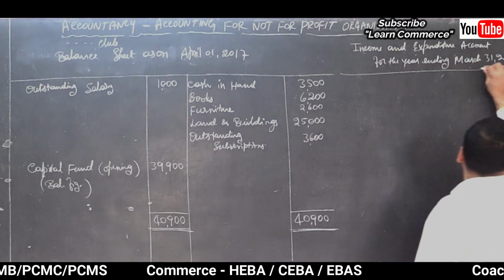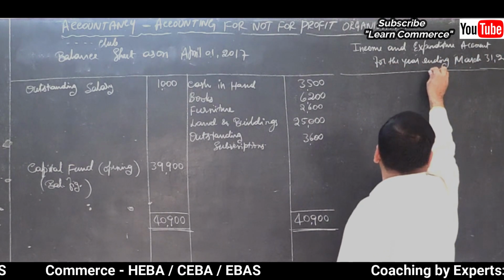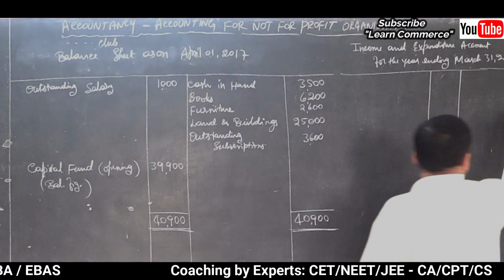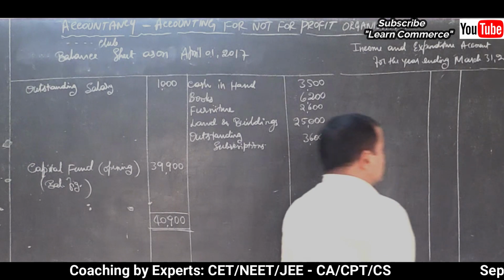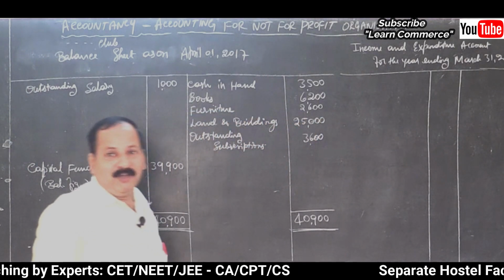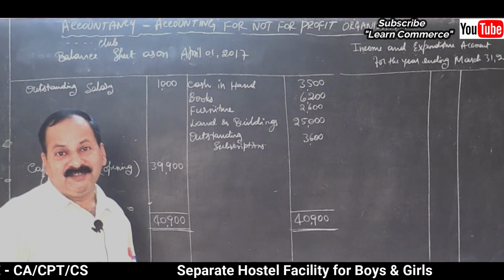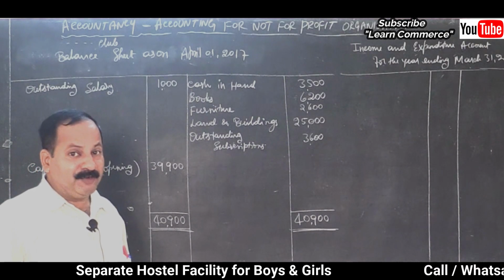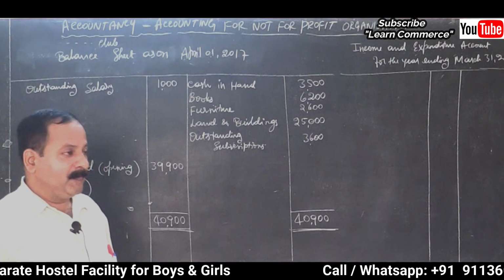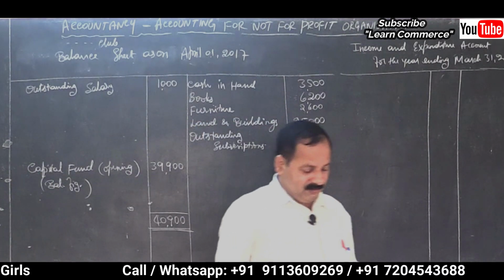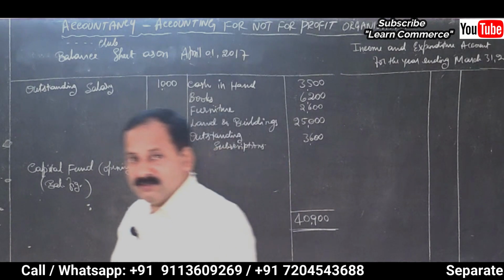Right? Now the columns should be expenditure, JF, amount in rupees, income, JF, amount in rupees. Yes, do it. Write fast.